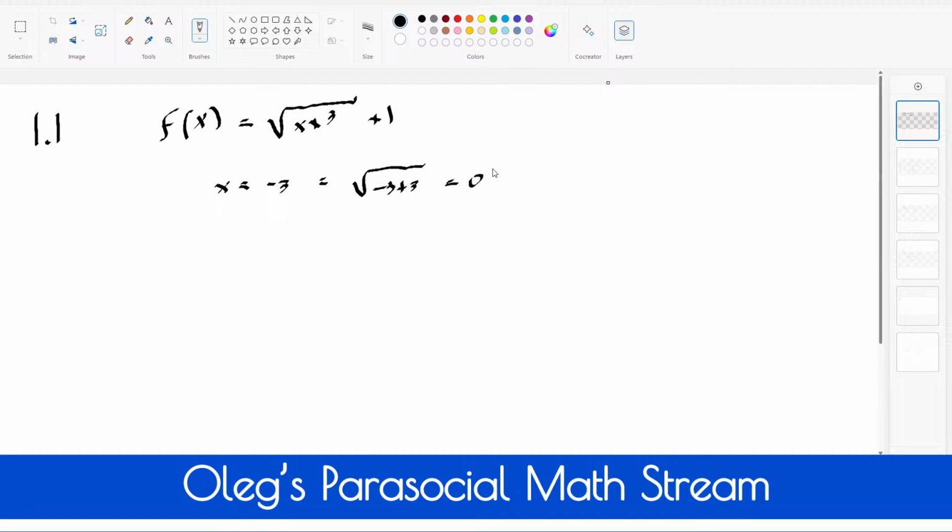We cannot have x be a bigger negative. So x has to be greater than or equal to negative 3. Any other number's fine, but we cannot go lower, because if it's negative 4 plus 3, that's going to give us a negative 1. And because we're in the reals, that's not allowed. We cannot have negative 1.